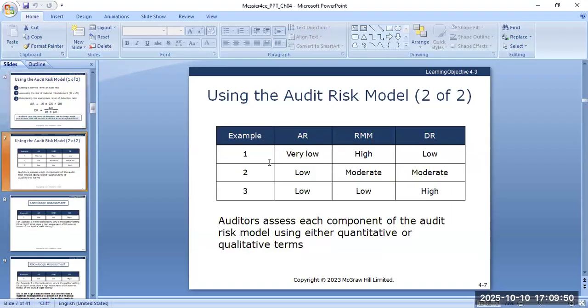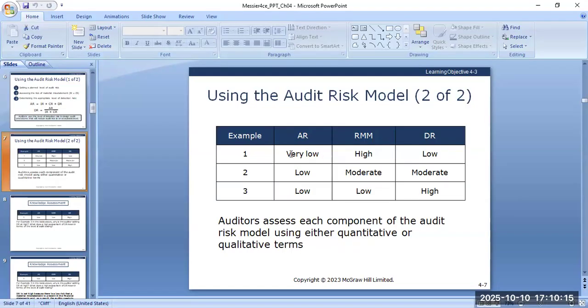A simple example will be: the auditor assesses each component of the audit risk model using either quantitative or qualitative terms, either numbers, or high and low.